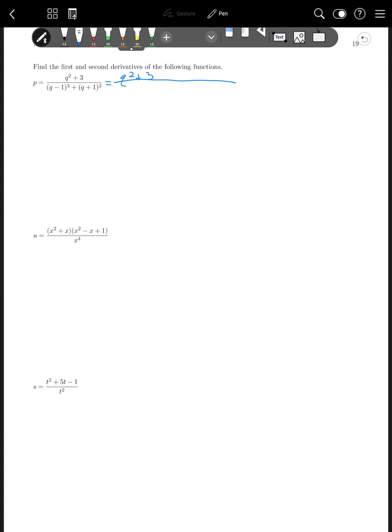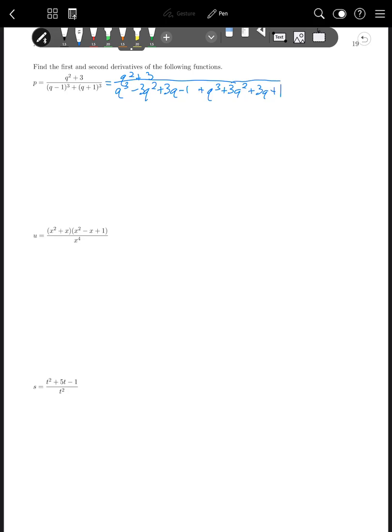So (q minus 1) cubed is q cubed minus 3q squared plus 3q minus 1, and then (q plus 1) cubed is q cubed plus 3q squared plus 3q plus 1.